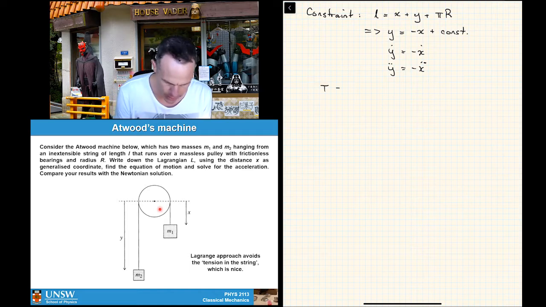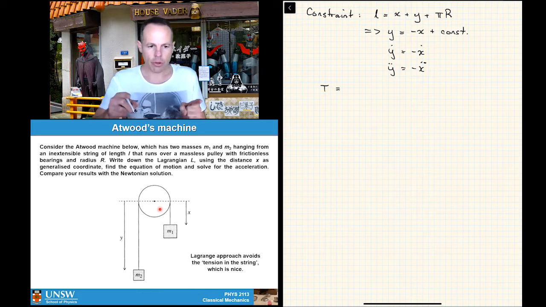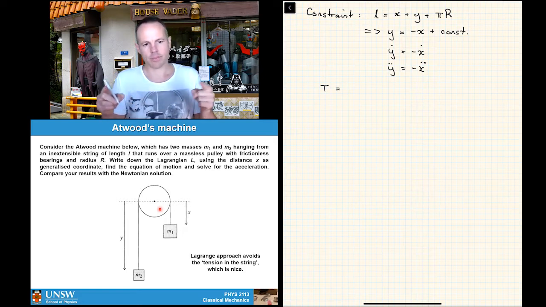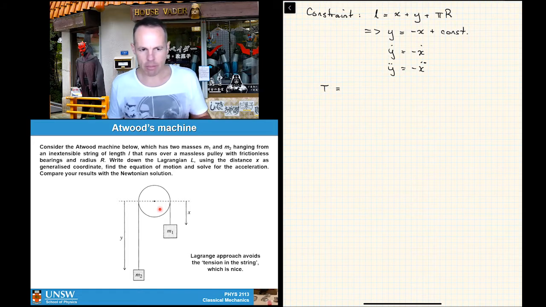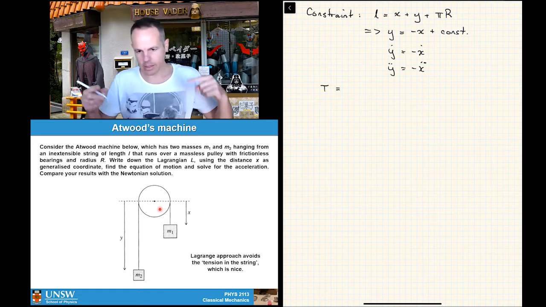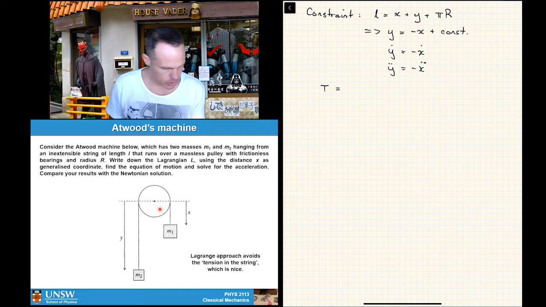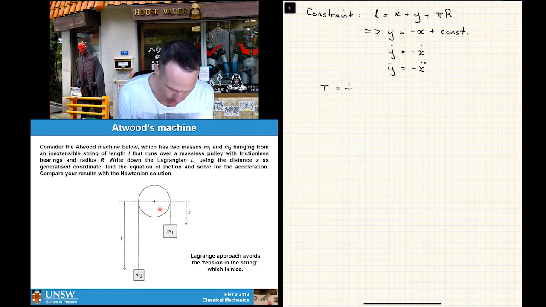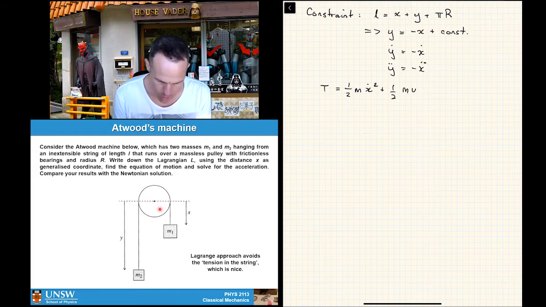So the first thing we're going to do is kinetic energy, and the kinetic energy in this problem is not too hard. It's going to be the velocity attached to m1, the velocity attached to m2. We don't really care about the pendulum, and we don't really care about the string because it's probably defined as being massless, and the pulley's massless, and all the idealities of the problem make those things go away, right? So this is a half m x dot squared plus a half m y dot squared.